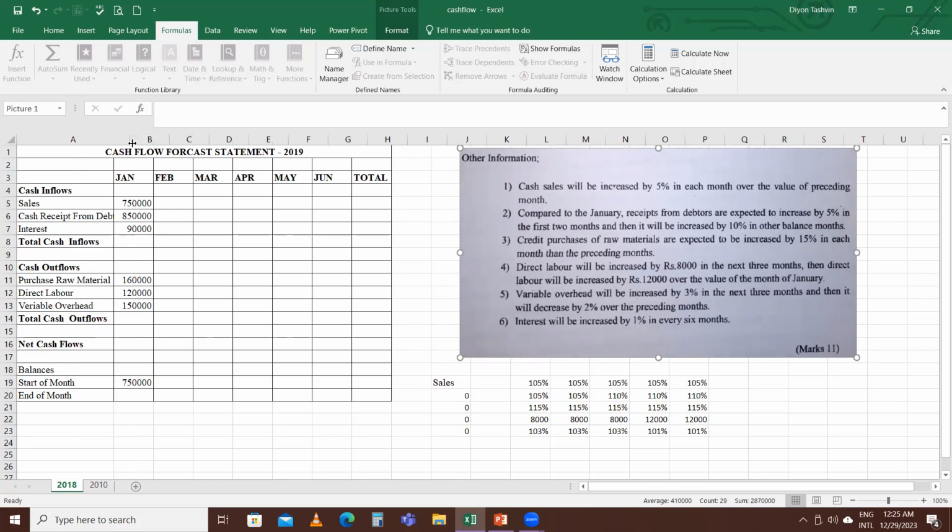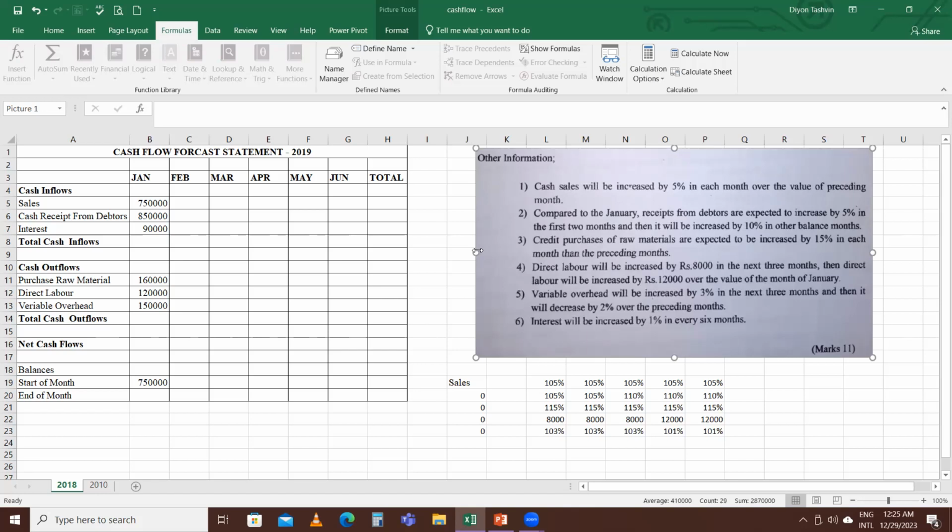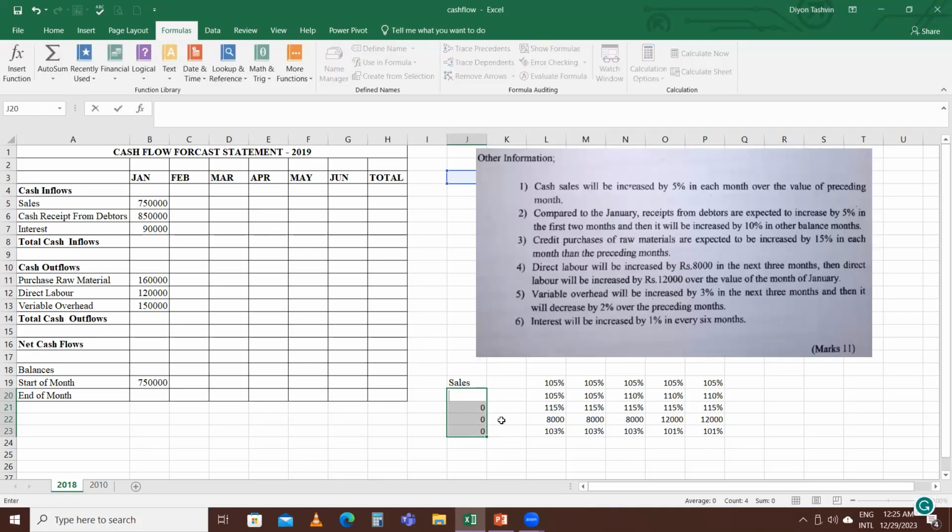So I'm going to refer to the formulas. First, they have asked about the following details. Now, first one, cash sales will be increased by 5% in each month over the value of the preceding month.